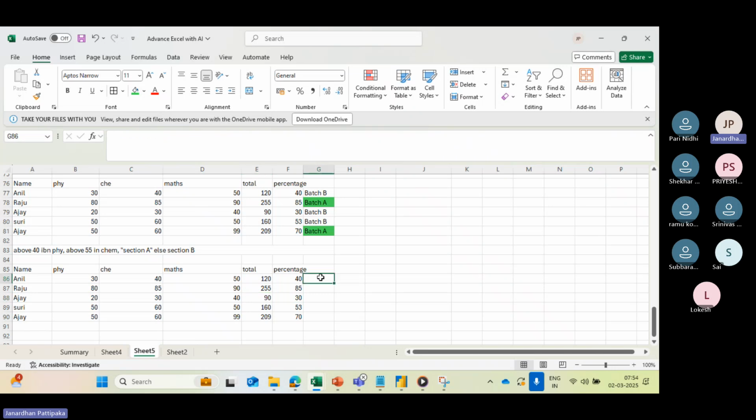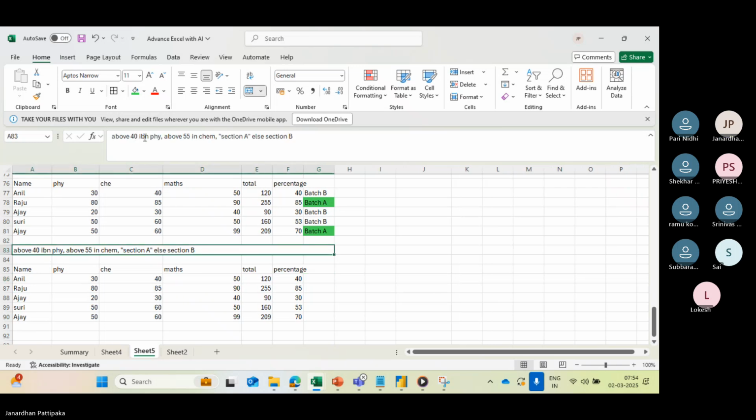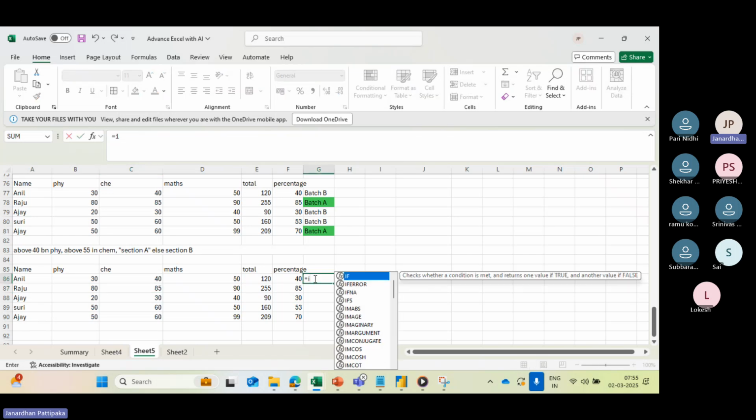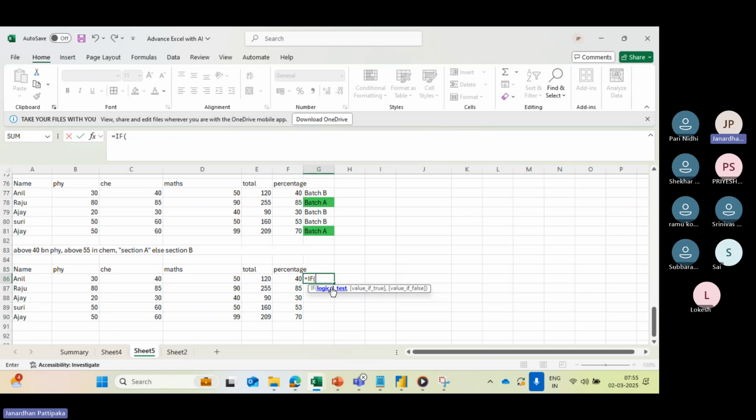Now I'm writing the formula. They should be getting above 40 in physics, and in chemistry they should get above 55. Then I will move them to section A, otherwise section B. So how can I write the formula over here? The formula is equal to IF, and then the logical test. In the logical test, IF along with AND, it should satisfy both the conditions, right? So I need to use IF along with AND.